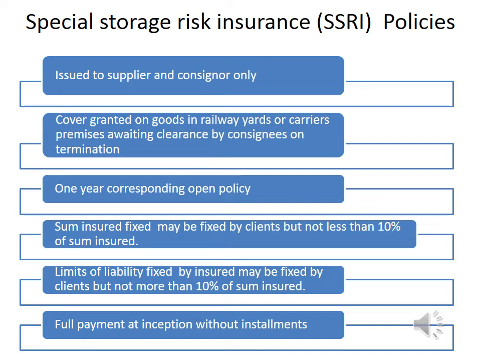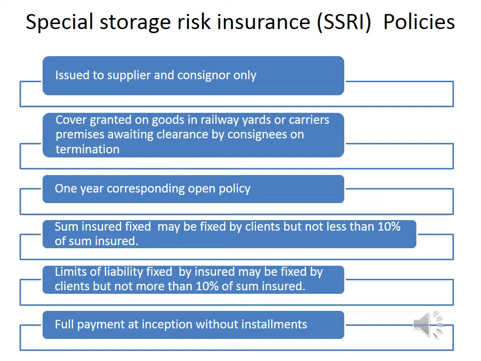This special storage cover is granted on the goods in railway yards or carriers' premises, awaiting clearance by consignees on termination. A 1 year corresponding open policy is issued in general. Sum insured may be fixed by clients, but not less than 10% of the sum insured. Okay. So sum insured is fixed.